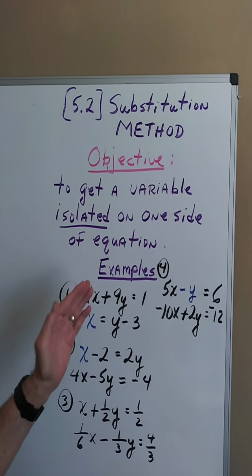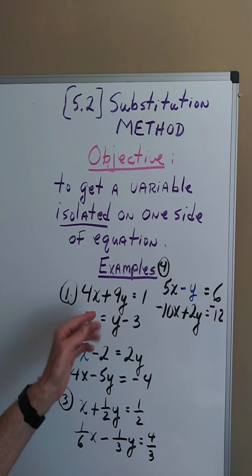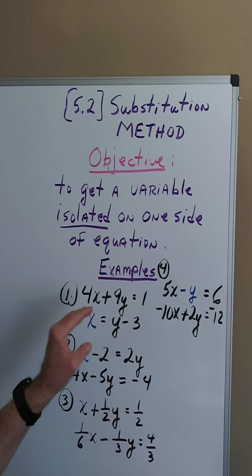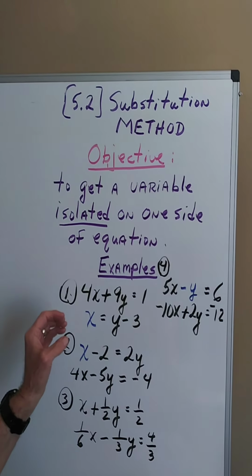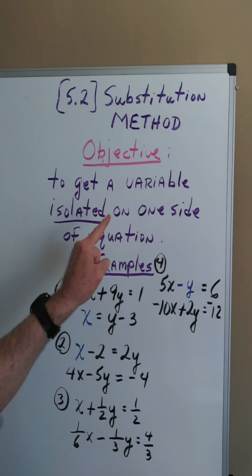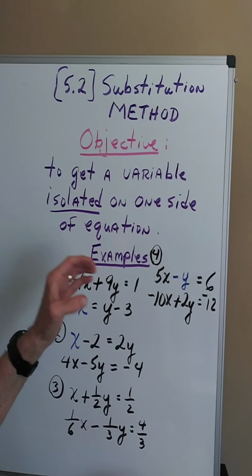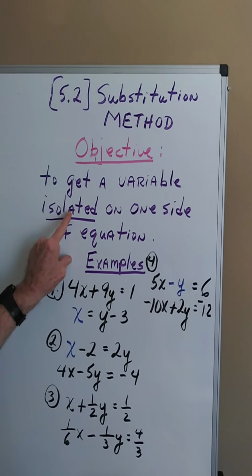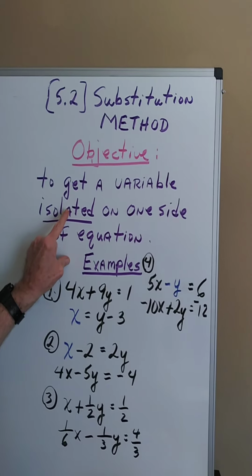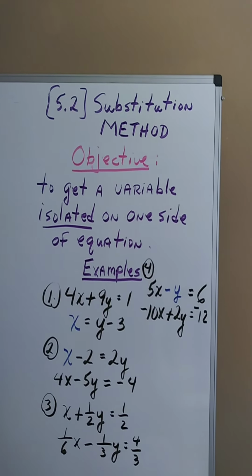In order to use substitution, we need to take one of the equations from the system and get a variable, either an x or a y, completely isolated, or completely alone, on one side of the equation.